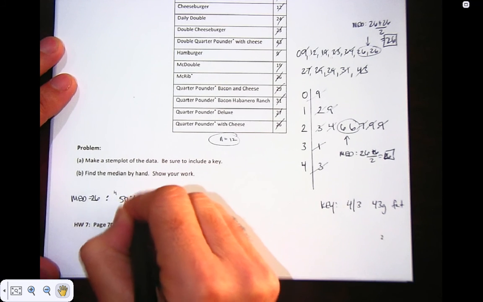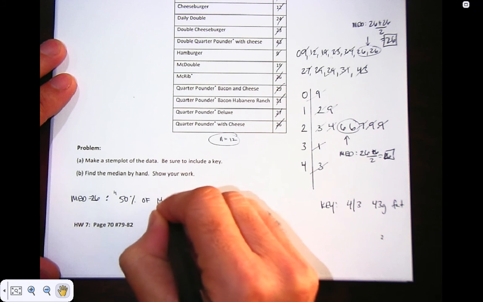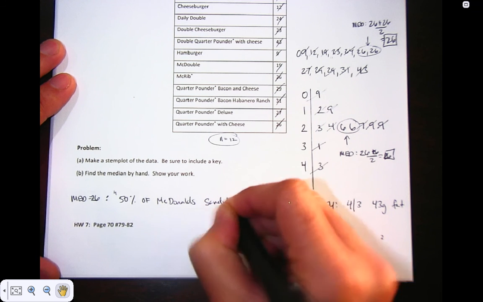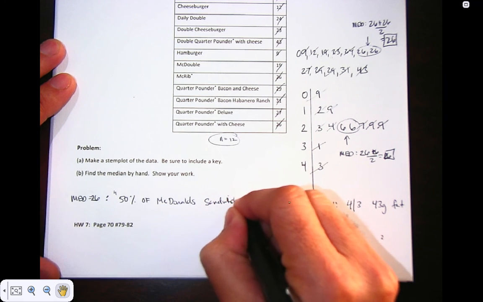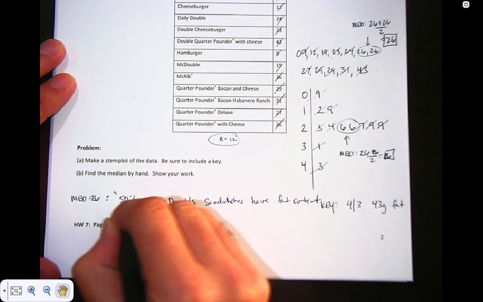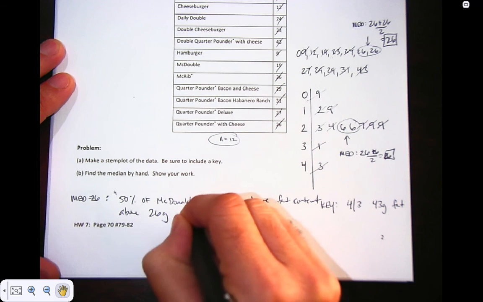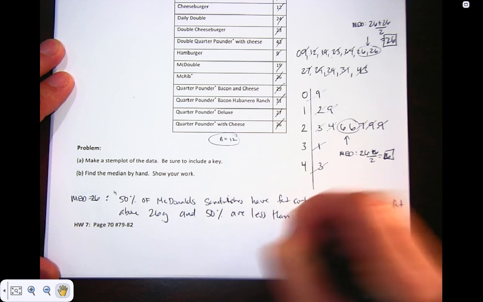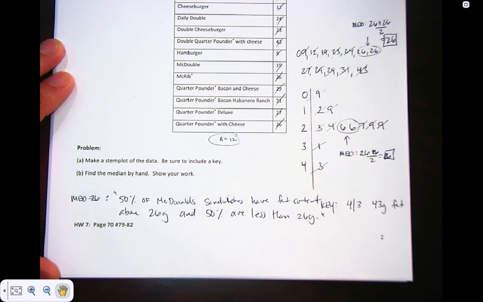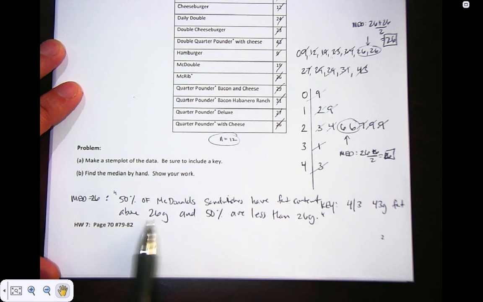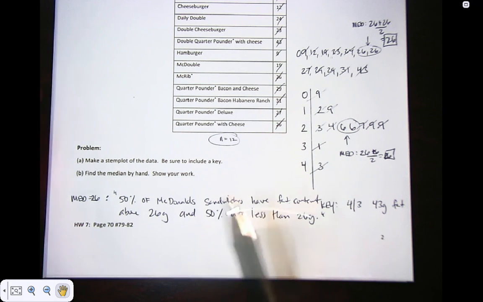You would say, look, 50% of McDonald's sandwiches have fat content above 26 grams and 50% are less than 26 grams. That's the median statement, right? It's the middle of the data, which by definition puts 50% of all of the sandwiches above a fat content of 26 and 50% less than 26.